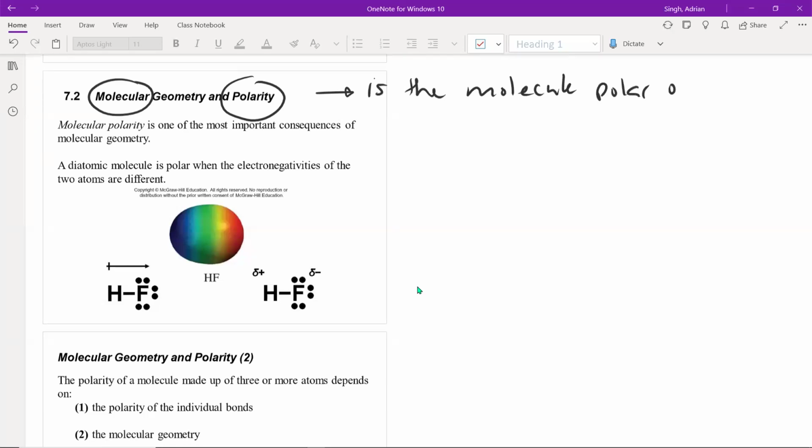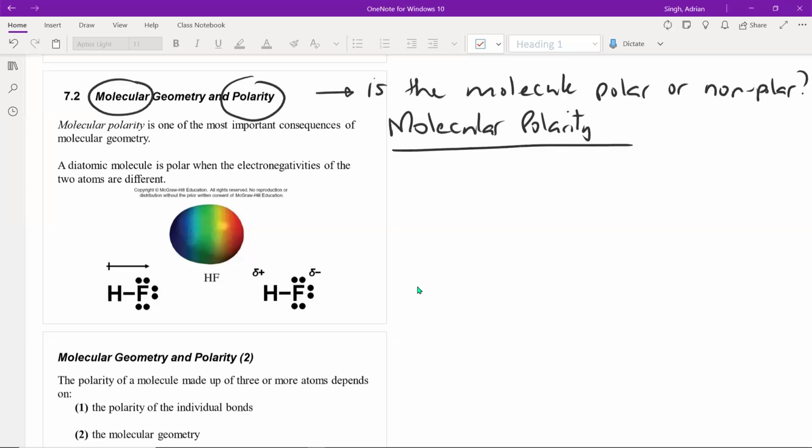And this is going to be important because the polarity of a molecule will determine some of its characteristics, both chemical and physical characteristics. So it's really important that we're able to determine this. Now, a couple things to keep in mind. When we look at determining molecular polarity, we first of all need to look at the polarity of the individual bonds that make up the molecule, and we've talked about bond polarity before, where we look at differences in electronegativities.